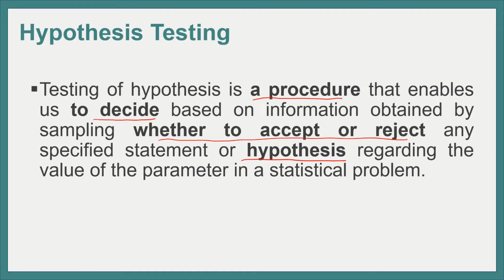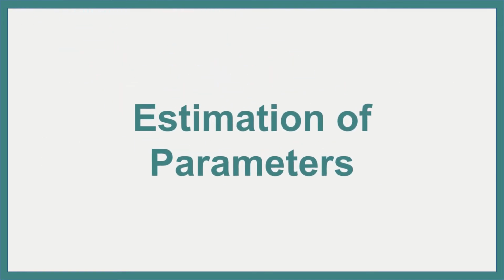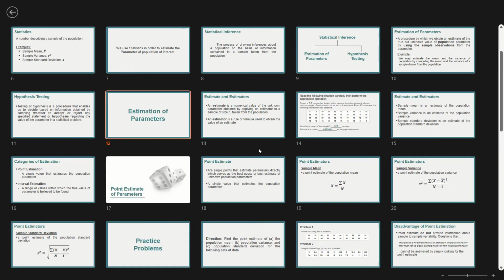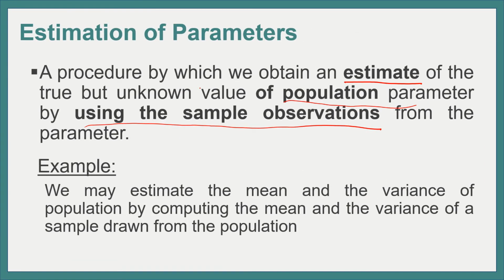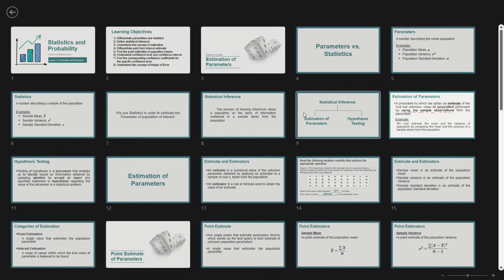But we are interested in this lesson on how to estimate parameters. So let's go back to estimation of parameters. Again, this is a procedure by which we obtain an estimate of the true but unknown value of the population parameter using the sample observations.